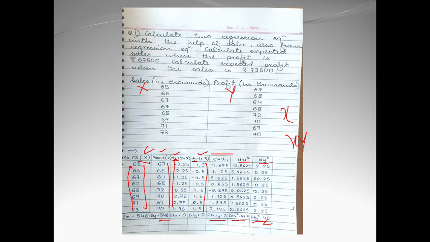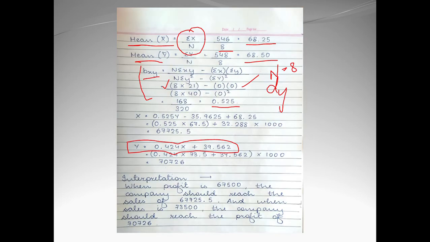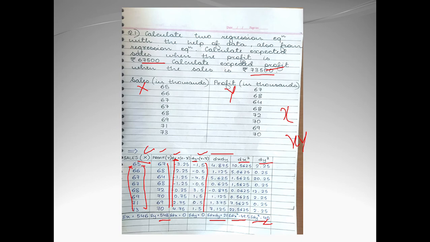Now in the question we are also asked to calculate the sales when the profit is 67,500 and calculate the profit when the sales is 73,500. So all we have to do is just put these values in the equation which we have calculated.